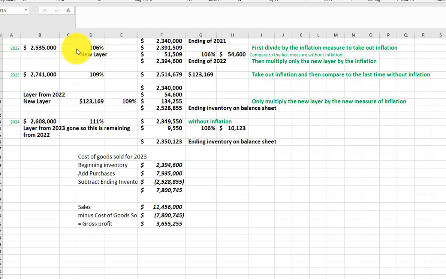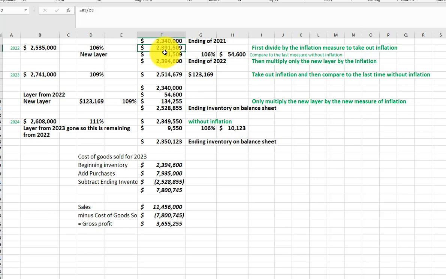To do that, we note in the problem that it says that prices had risen 6% relative to our base, or to our reference point. And so we take 106, see this 6% in there, and we divide 2,535,000 by 106, and we get 2,391,509. This is without inflation. So we divide and then take out the inflation.